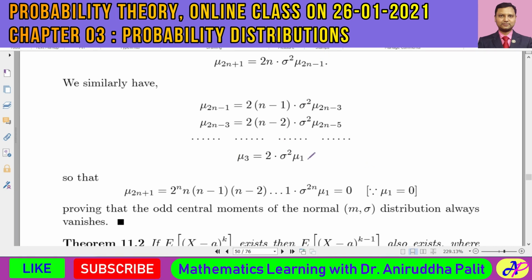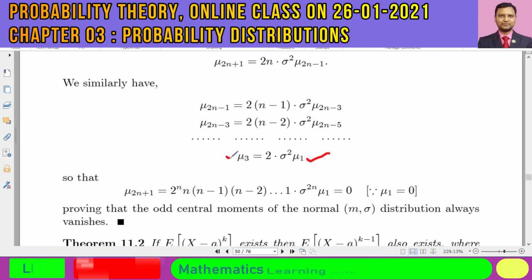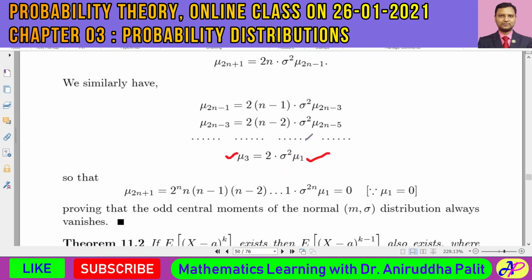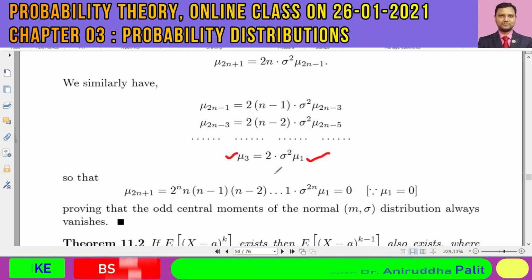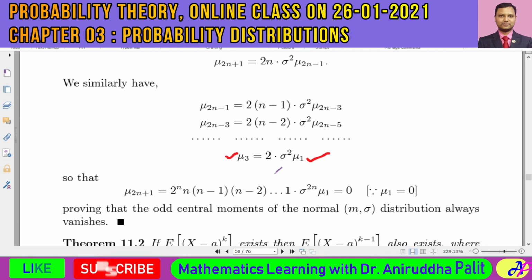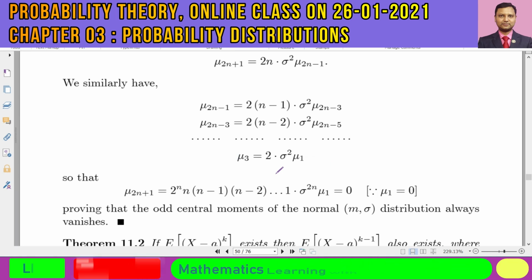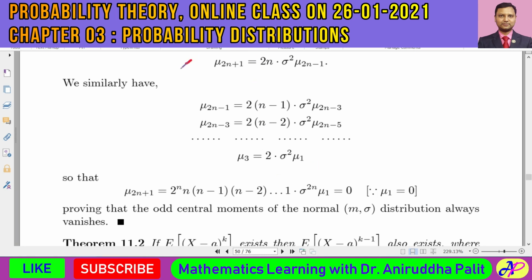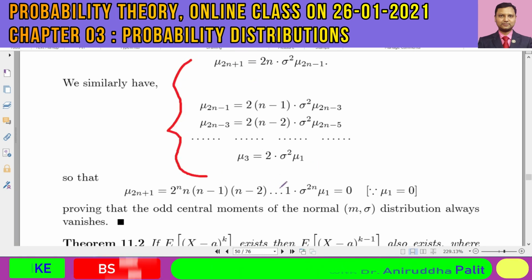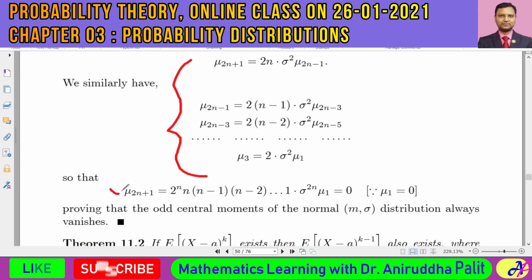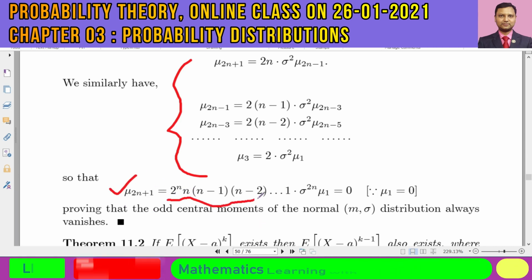Now you see, mu 1 is equal to 0, so mu 3 is equal to 0, and similarly its previous first odd order moment, that is mu 5, then mu 7, and so on. All these odd order moments are equal to 0. In fact, if we multiply all these results, then we observe that mu 2n plus 1 can be written in terms of mu 1.